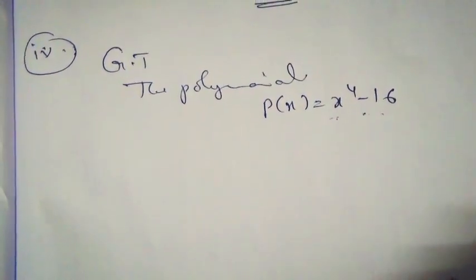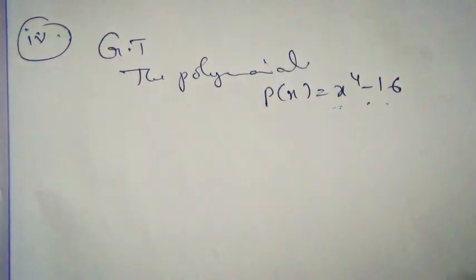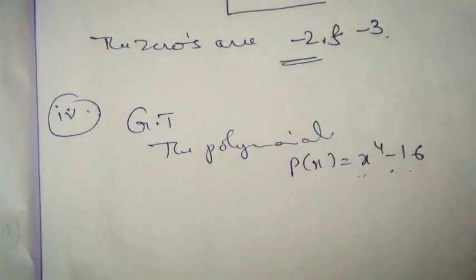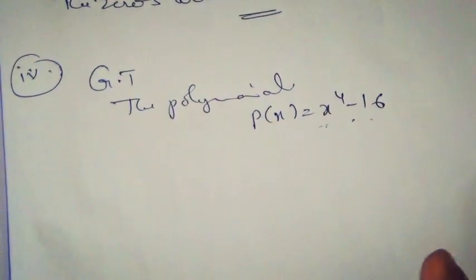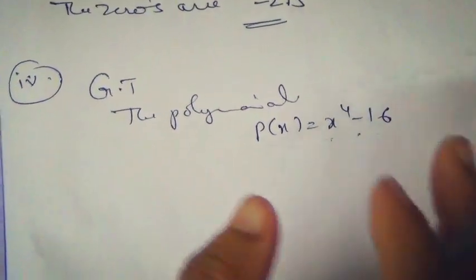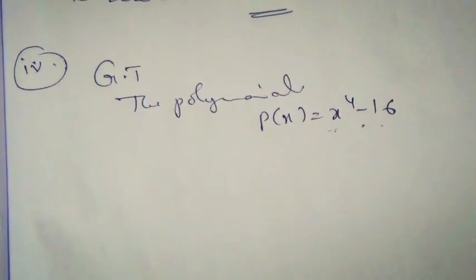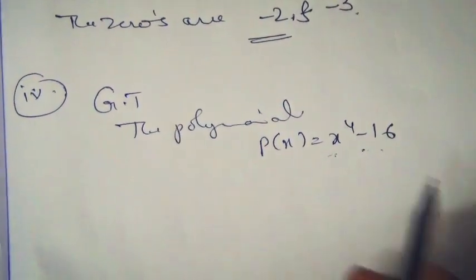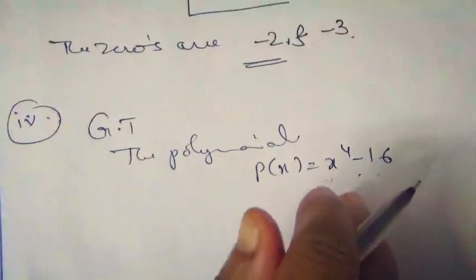Nth degree polynomial we saw in the introduction part, no? If the highest power is x to the power of n, that we call an nth degree polynomial. Just like that, here the highest power is 4, then we call it a 4th degree polynomial. How can we solve this equation?